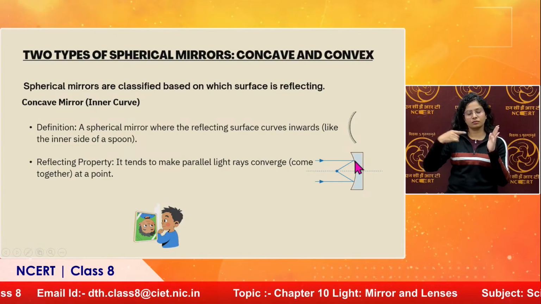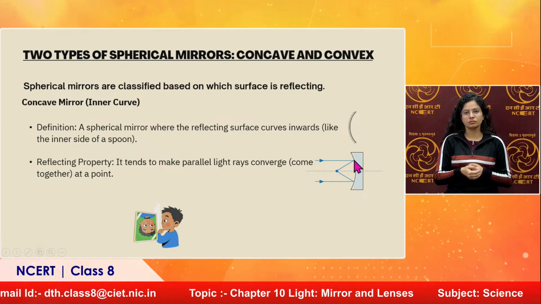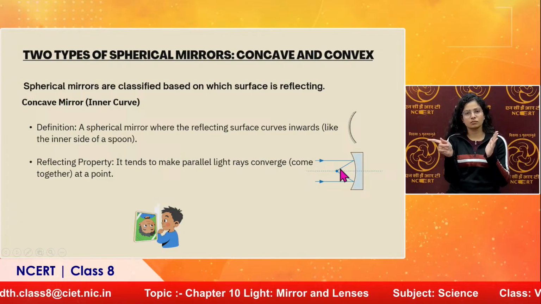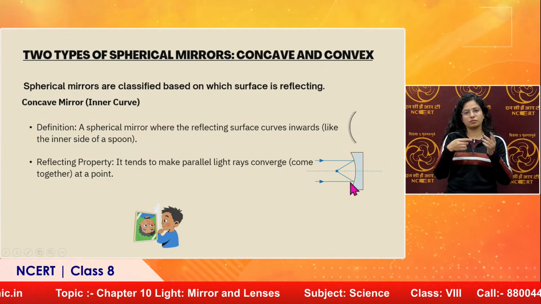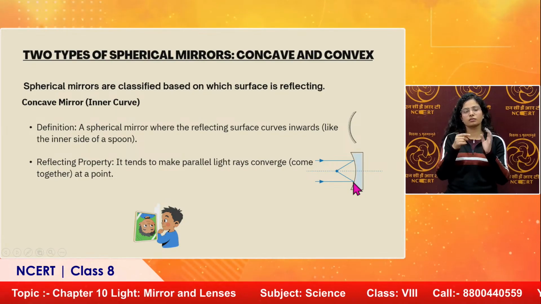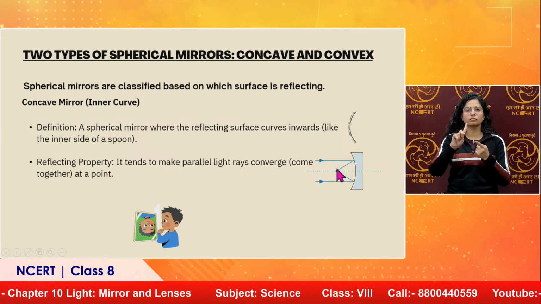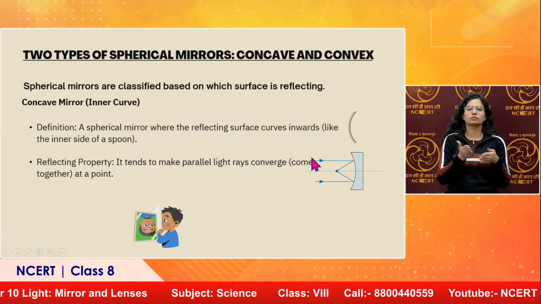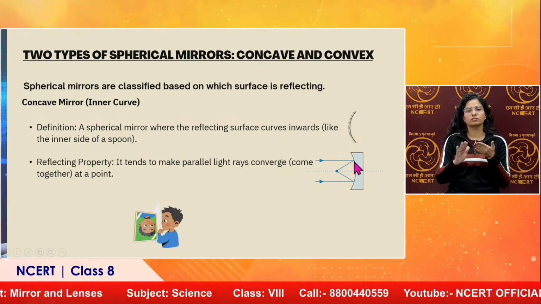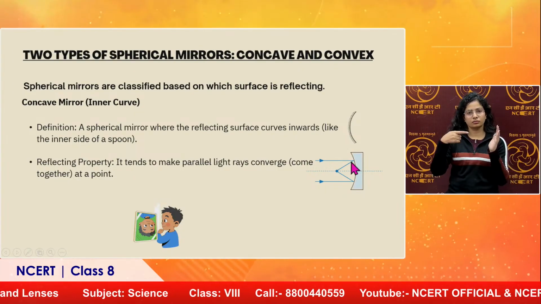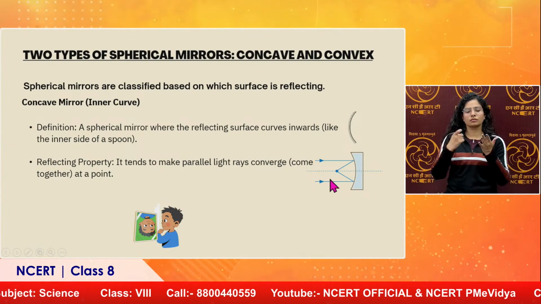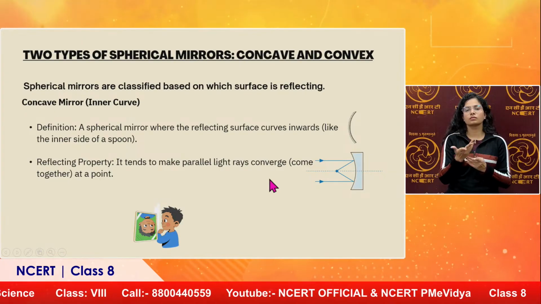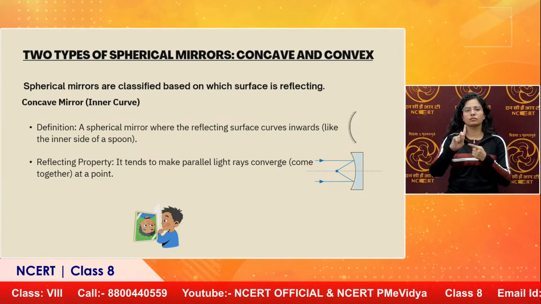When they reflect back, they meet at a point. This property is called converging of light. After hitting the mirror, all the rays come together at a point, so we say they are getting converged. This is the point of convergence.